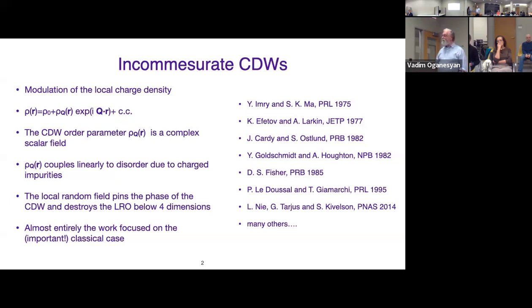The work by Daniel Fisher was mostly on the random field Ising model, but it was the inspiration for the later work. And then there was the work by Pierre Le Doussal and Thierry Giamarchi, about 20 years ago, which was based essentially on a random Gaussian manifold, a replica treatment of the random problem.